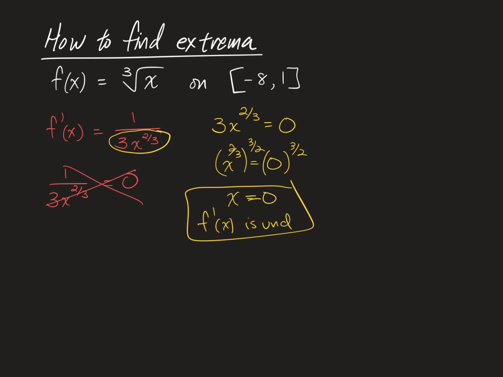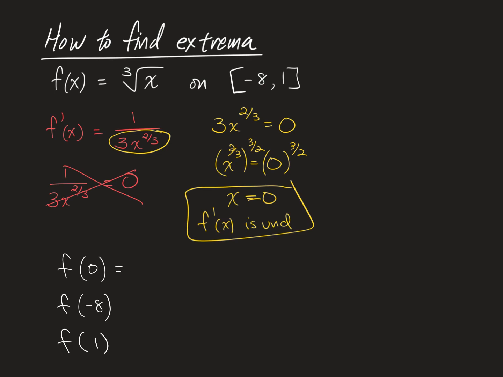We move on to step 2 from the process, which said to take all of the critical values and the endpoints of the interval and evaluate the original function at those values. So we're going to find f of 0, f of -8, and f of 1.